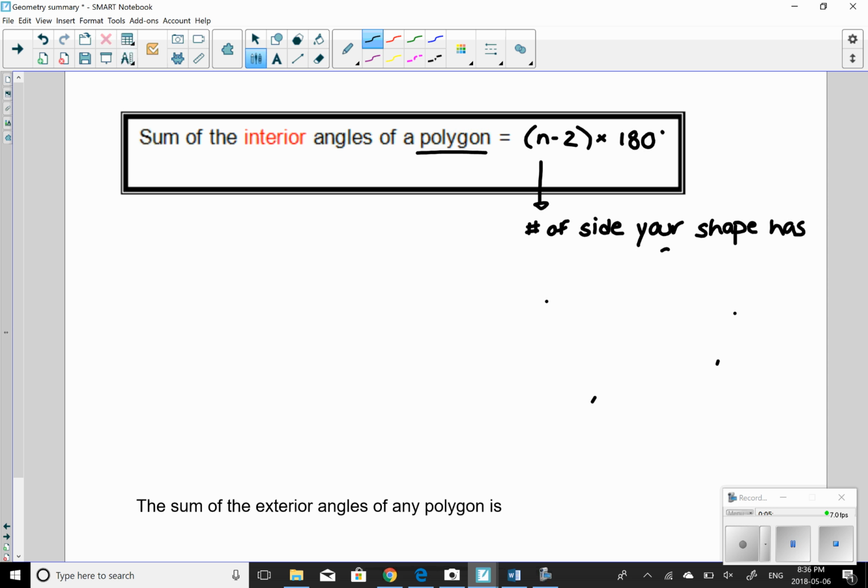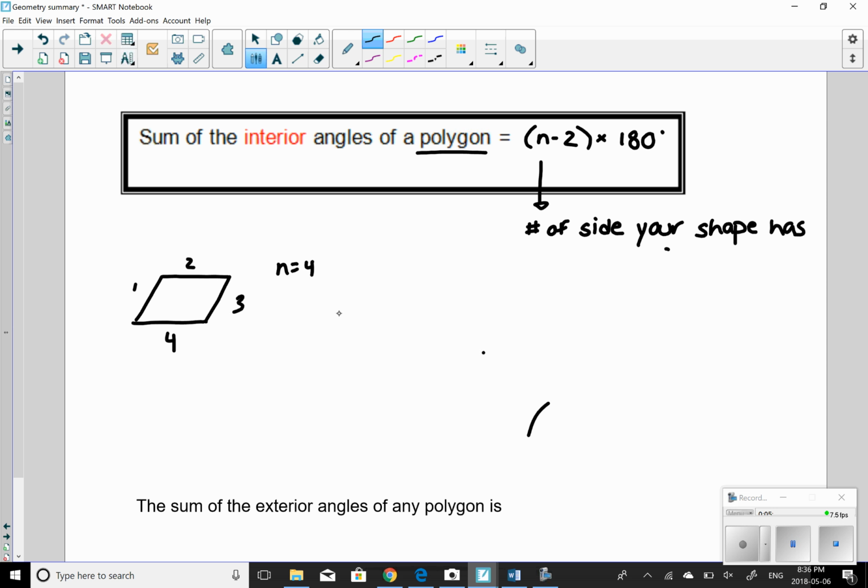Okay. So I can look at this in any shape. Let's look at a parallelogram. There's 4 sides, right? 1, 2, 3, 4. So n is 4.